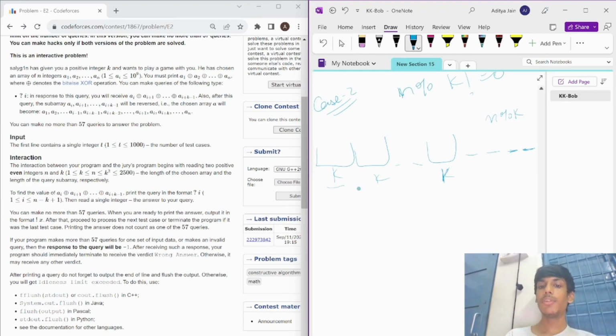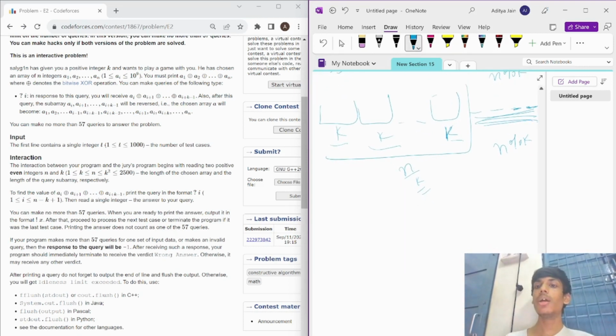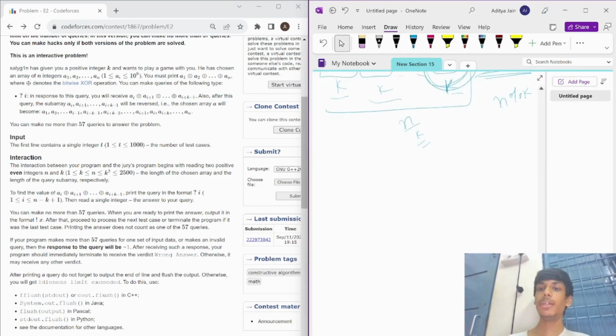You made segments of length k, so the number of segments will be equal to n by k. Now the number of terms of the array left will be equal to n percent k. Since n and k are both even, n percent k has to be even. So there is an even number of terms left now. Now let us consider this last segment.